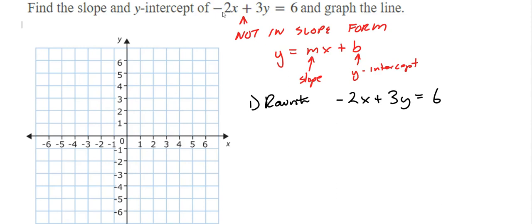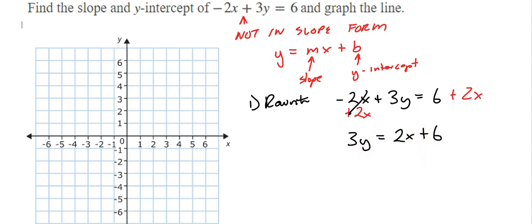So first things first, let's get that x to the other side. How are we going to do that? Let's add 2x to both sides. When we do that, this is going to reduce off on this side, and we're left with 3y equals, and I like the variables in front, it looks better, plus 6.